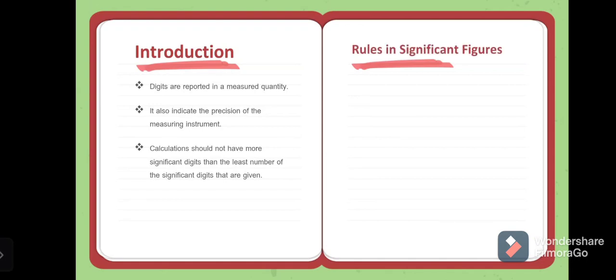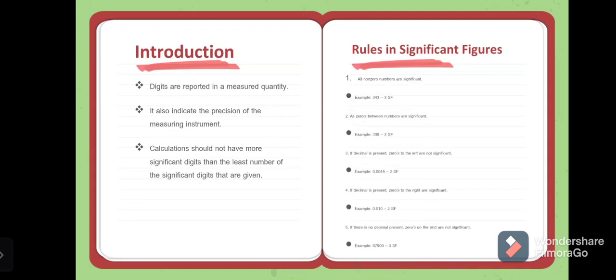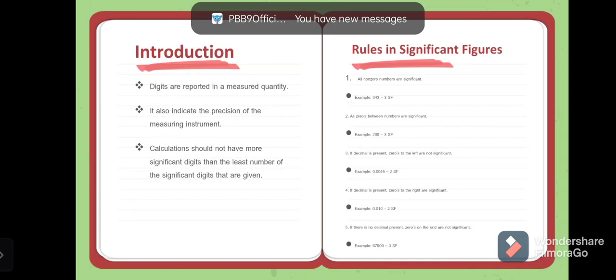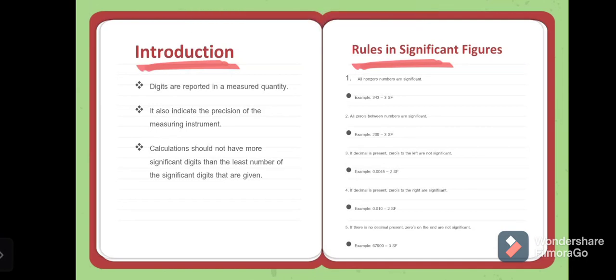There are also rules in identifying significant figures. Rule number 1. All non-zero numbers are significant. Example here is 343. There are three significant figures.